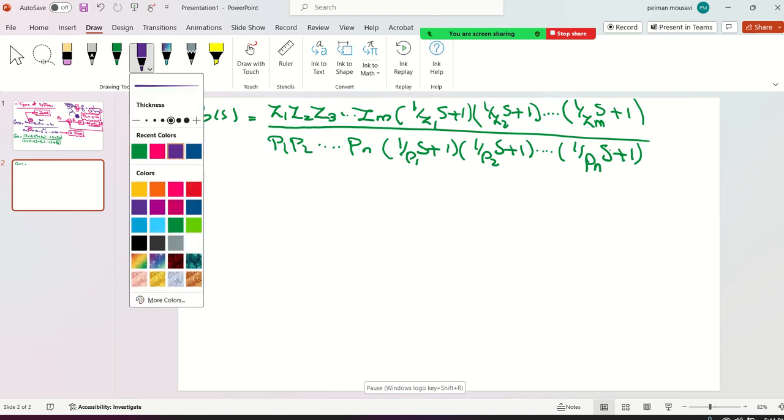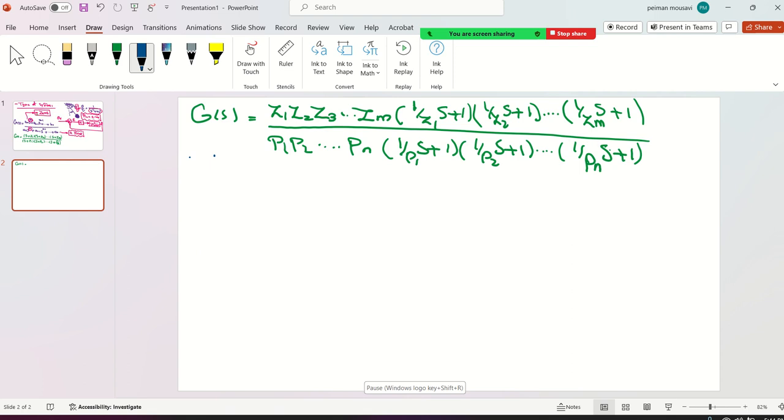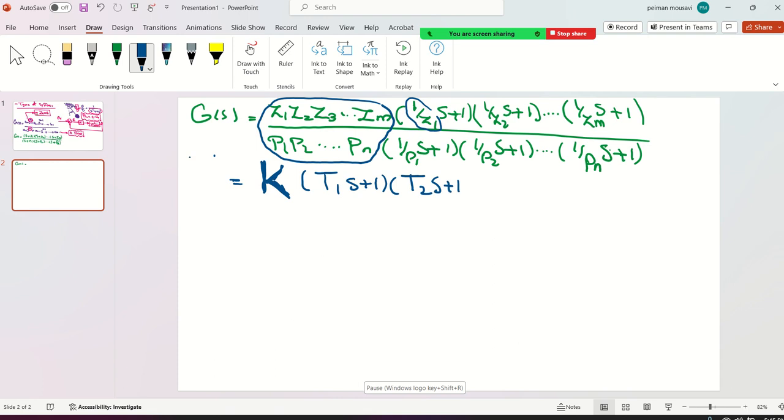Being said, I'm just playing with the parameters, naming them. I'm going to name this as the gain k, because these are numbers, and I name these as t1 s plus 1, t2 s plus 1, and tm s plus 1.